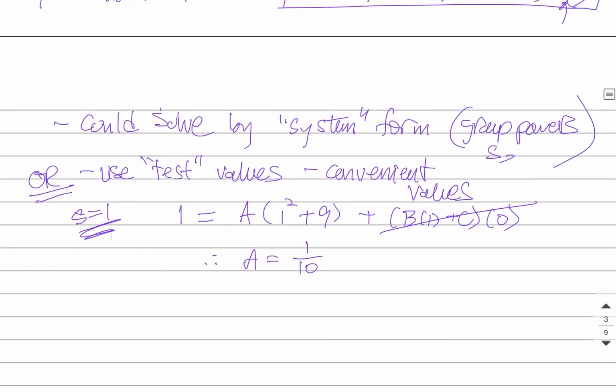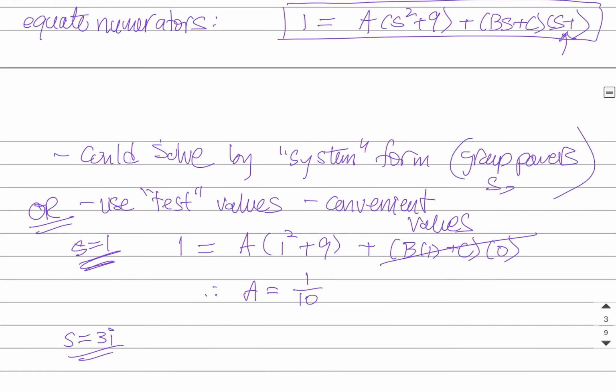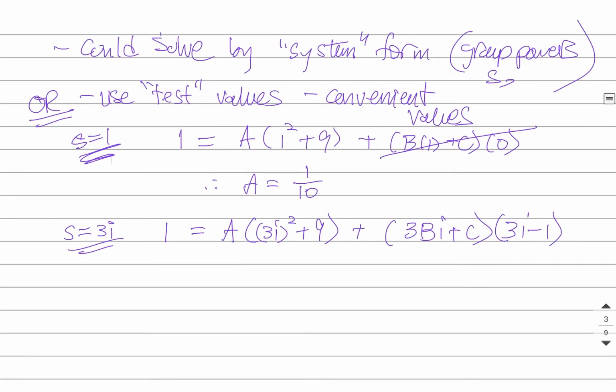Okay, that's great. The other value that I'm going to use is s is 3i. And you say, well, why on earth would you use s is 3i? Because if I pick s is 3i, that is the magic term that's going to get rid of that first expression with an a. We have to do a little bit of complex arithmetic. This is going to be 9 plus 9. That whole thing is going to go to 0, and I'll have 1.